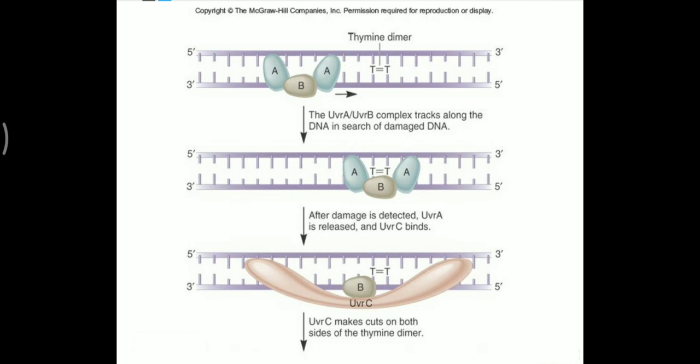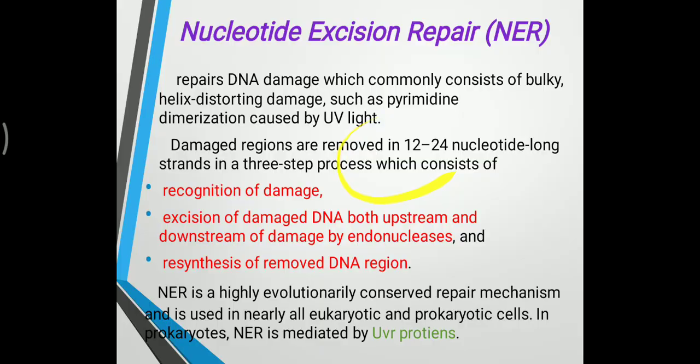Here we can see the pyrimidine dimer formed, TT, which is called a pyrimidine dimer. The UvrA and UvrB proteins walk along the segment of the DNA and find out where the pyrimidine dimers have occurred. This complex tracks along the DNA in search of damaged DNA, where the DNA is damaged.